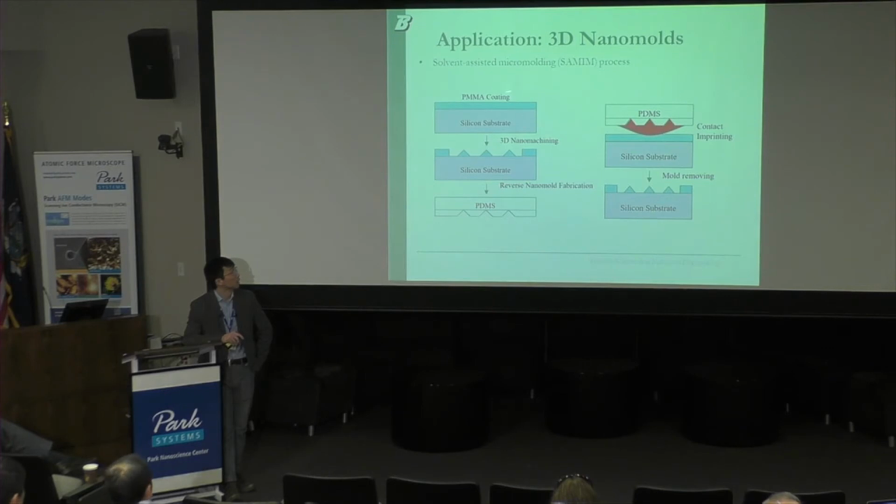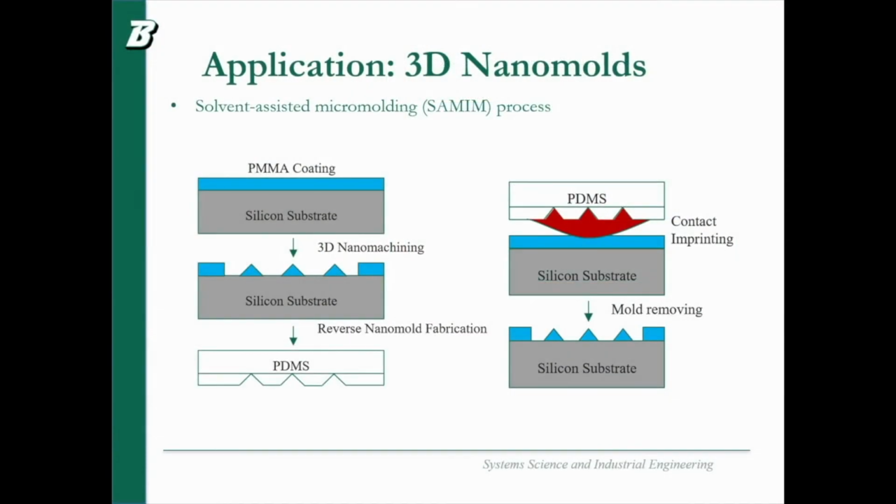We got a PMMA coating on a silicon substrate, and the coating is patterned by AFM-based nanomachining, giving patterns like these nanomolds. Then we use PDMS, and the solvent-assisted micromolding process uses acetone or any chemical solvent that can dissolve the PMMA surface.